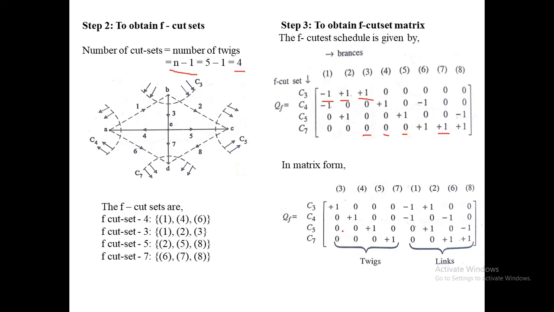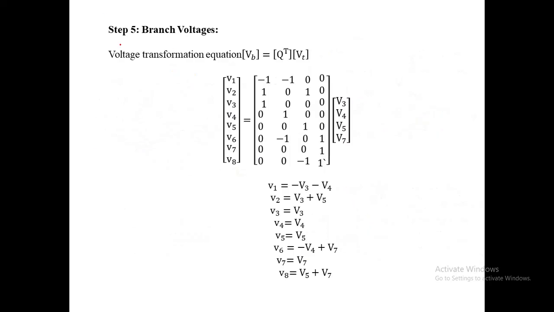Likewise, we write the values. In our problem, they asked us to write the voltage transformation equation. Using these equations, we can write the voltage transformation equations. Q transpose means the cut set transpose matrix, and the branch voltages are V3, V4, V5, V7.